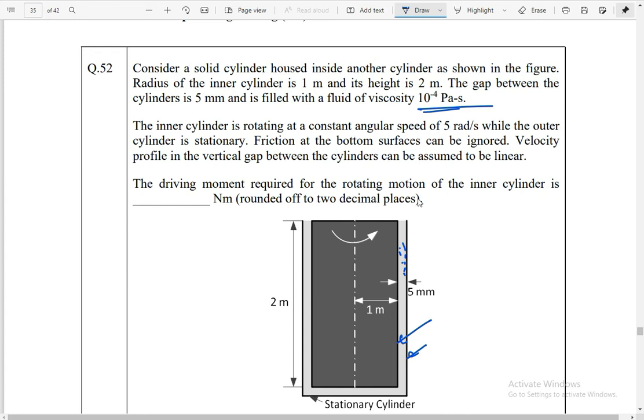An inner cylinder, this one, is rotating at a constant angular speed of 5 radian per second, and outer is stationary. Friction at the bottom surface can be ignored. Okay, here friction is ignored. Velocity profile in the vertical gap between the cylinders can be assumed to be linear. Okay, this is linear in the vertical gap.